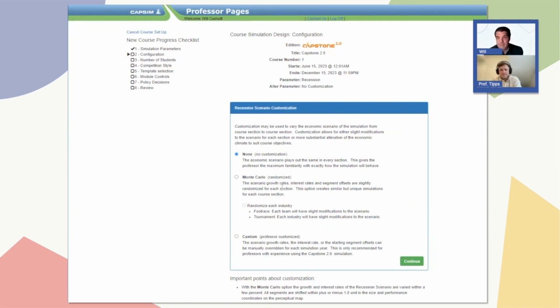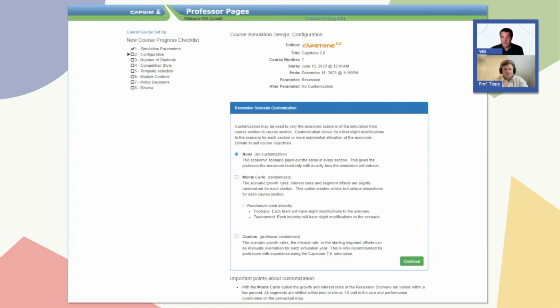The reason they may choose that is because each section or each industry will be slightly different. Because the recession scenario is already different than the scenario that you've been teaching the last few semesters, this wouldn't be necessary for this semester. We can always revisit that in the future.